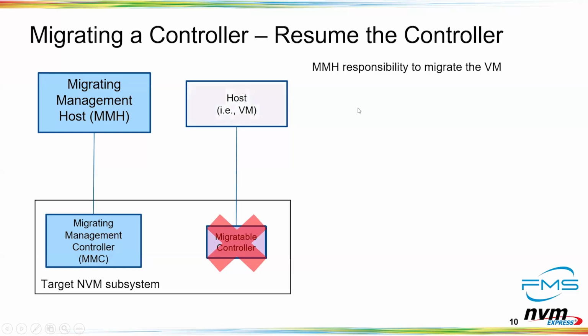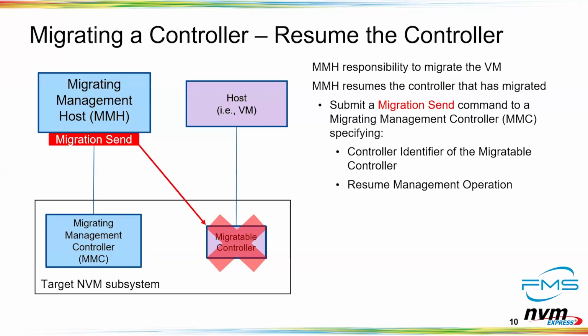Now, one of the other things is, as part of migration, it's up to the host to make sure that the VM itself gets migrated before we want to resume operations. So there I showed that the host has been migrated by the MMHs, and finally now it can use the migration send command with a resume management operation, identifying that migratable controller, that says, okay, start resuming operations.